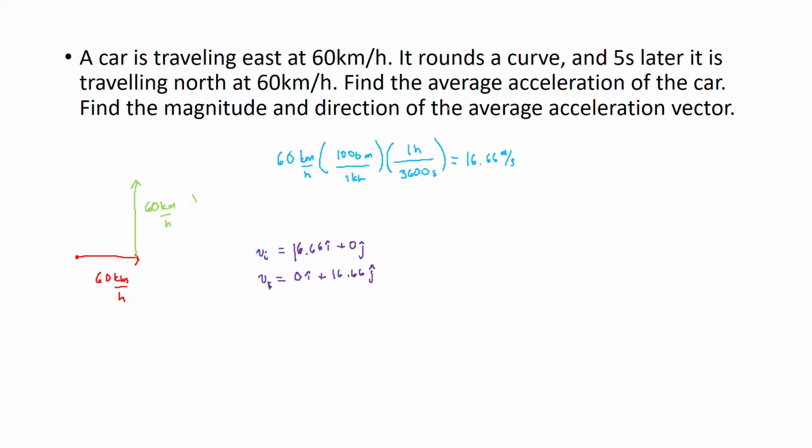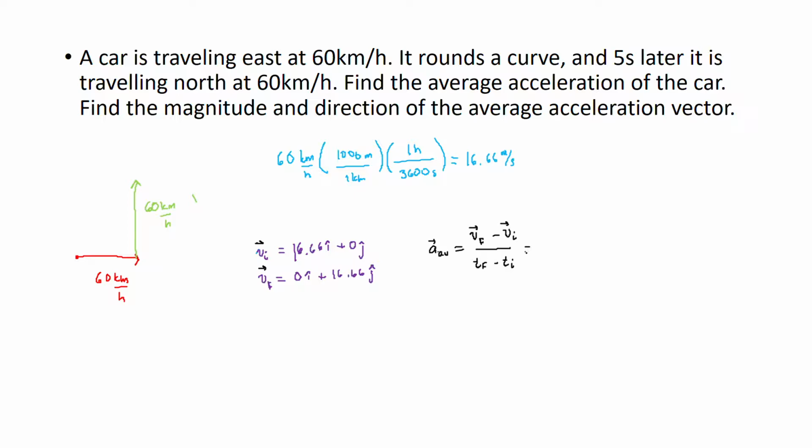Okay, now I need to find the average acceleration of the car. If you remember correctly, you should know that the average acceleration is defined as, sorry, the vector thing is missing here, and here too. Okay, the average acceleration is defined as the final velocity minus the initial velocity over final time minus initial time.